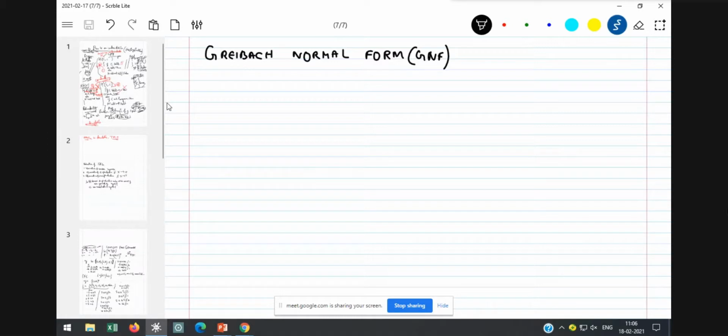And one more thing: if in the exam I provide you a context-free grammar and ask you to convert it into GNF form, what is the procedure?